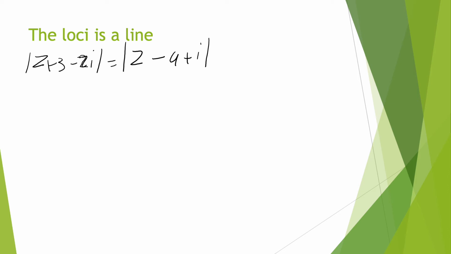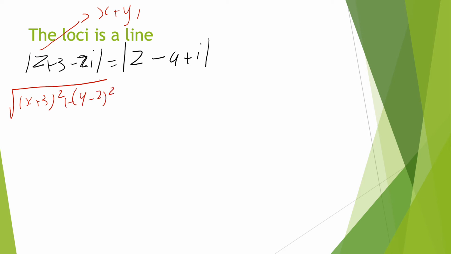So z is one general complex number, so z can be written as x + yi. That's why we're going to rewrite the modulus of the first as the square root of (x + 3) squared plus (y - 2) squared, equal to, and we do the same here: the square root of (x - 4) squared plus (y + 1) squared.